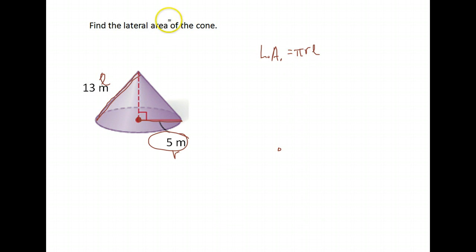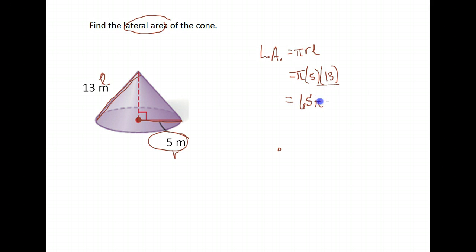And again, read your questions carefully so you know if you need lateral or surface. They just wanted lateral here. So we have pi times our radius, which was 5, times the slant height, which was 13. You can go ahead and do 5 times 13, which gives us 65.